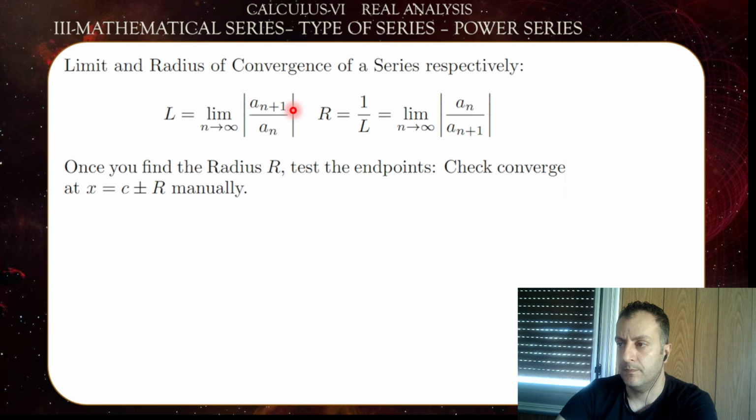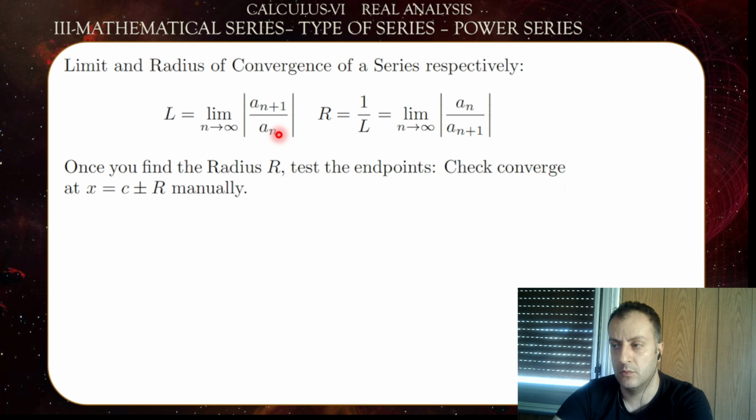or n squared. This will give you the limit of (n+1) squared, that would be a_(n+1), divided by n squared, okay? And you test the limit based on that. And the test of the limit tells us whether the series is convergent or not.